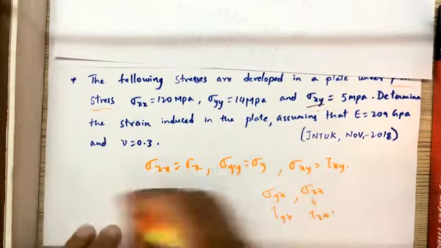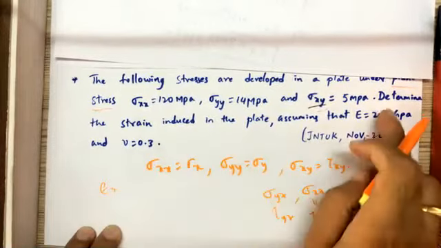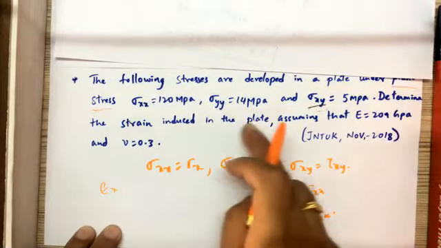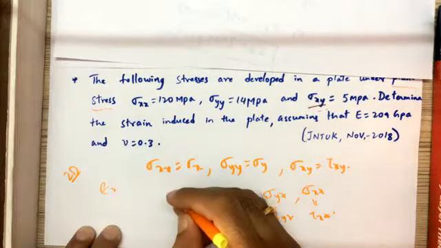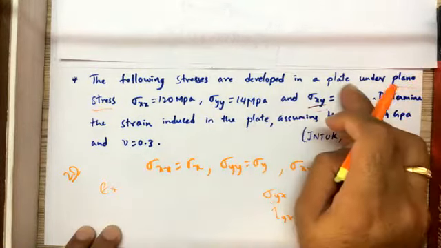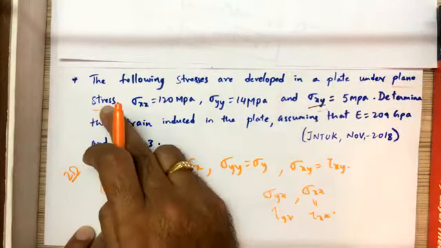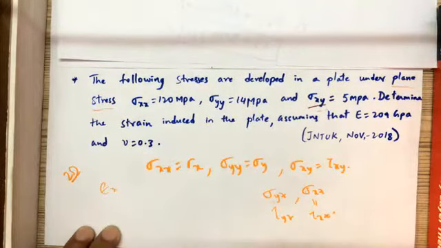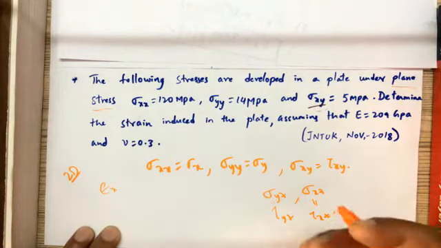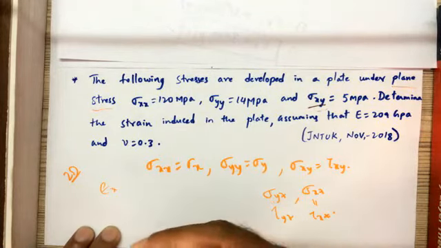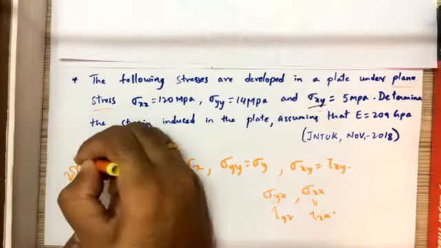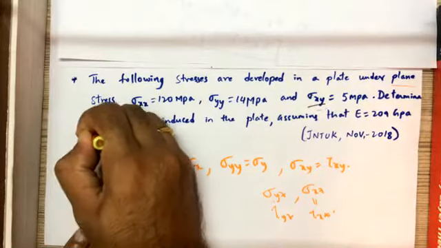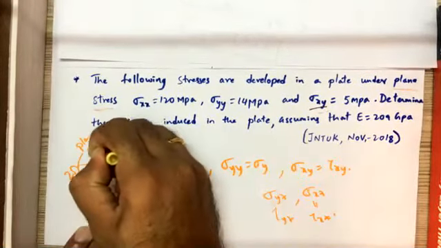We are asked to find epsilon x. What are we asked to find? Determine the strain induced in the plate. What is strain for 2 dimension? How do I know that it is 2 dimension? Because it is clearly said the plate is under plane stress. Any object will be considered as 3 dimension, but according to the loading, we can convert that to 2 dimension, and in 2 dimension we have 2 cases: one is plane stress and the other one is plane strain.